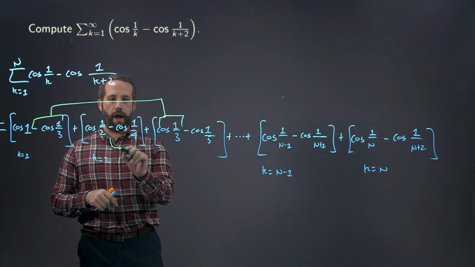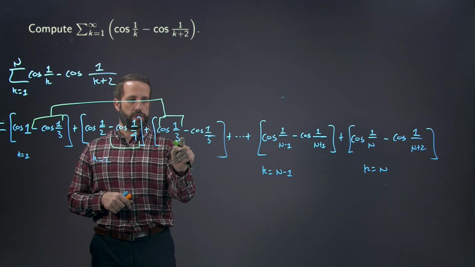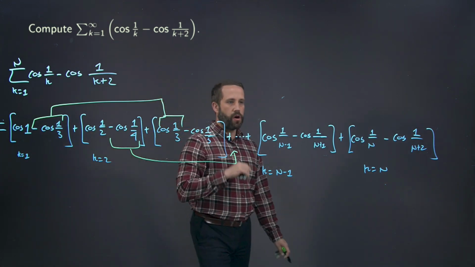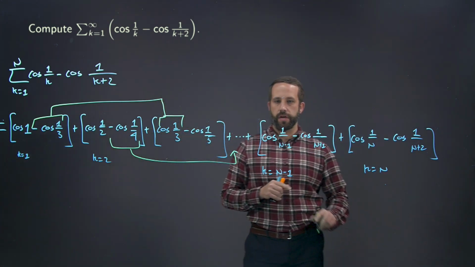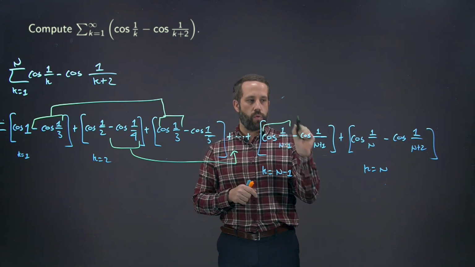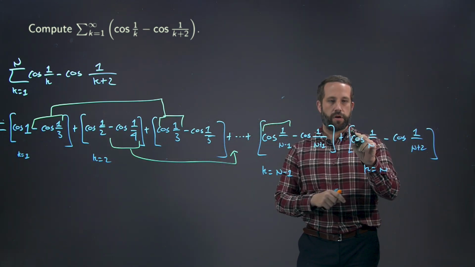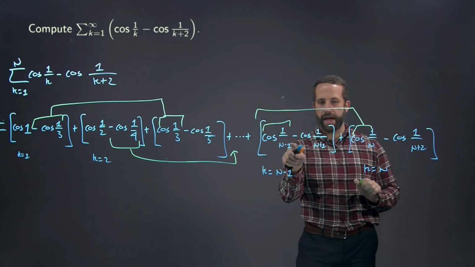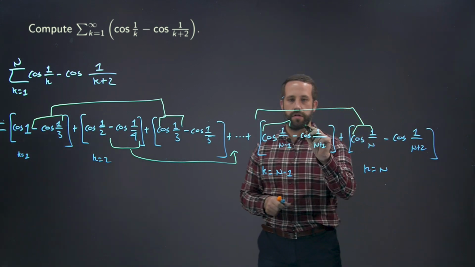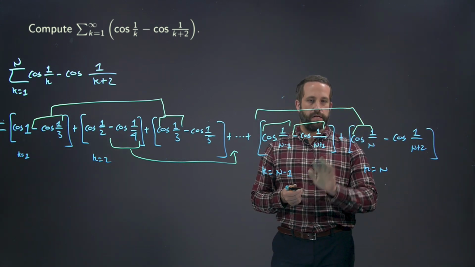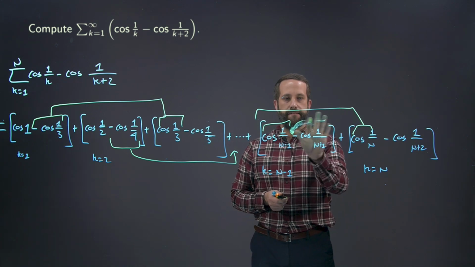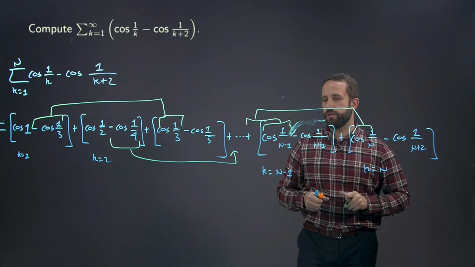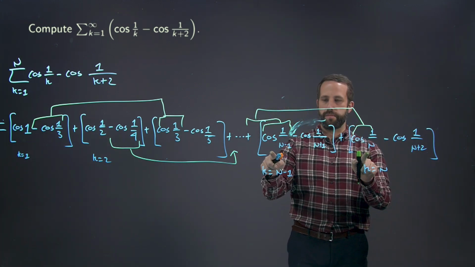Now, the minus cosine of 1/4 has a plus cosine of 1/4 later, so it cancels. Similarly, looking at the cosine of 1 over n, the previous subtract term is minus cosine of 1 over n, so that cancels. And the one before that, plus cosine of 1 over n minus 1, so these two terms get canceled.